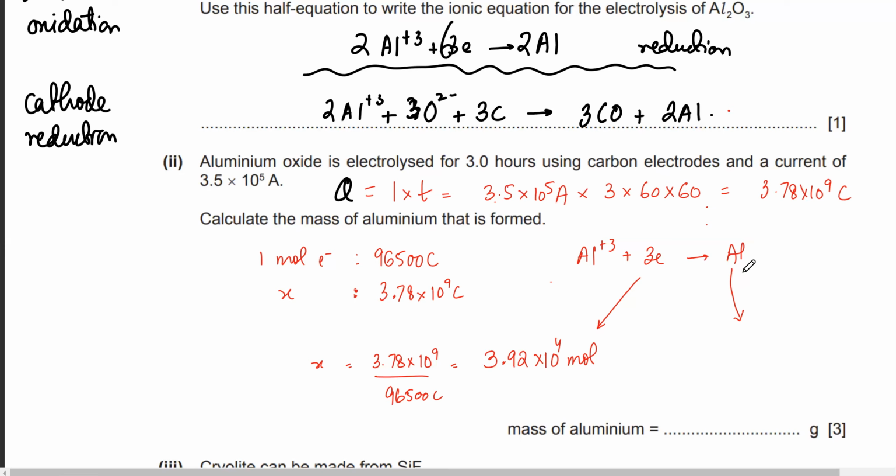It's 3.92 times 10 to the power 4 divided by 3. That's the moles of aluminium, and we know that moles is mass divided by Mr, so you multiply it by 27 and you'll get the mass.